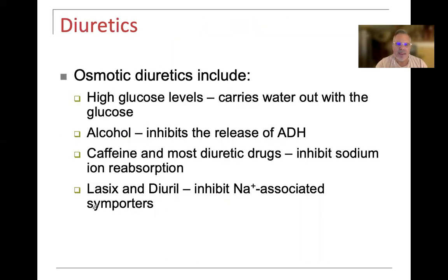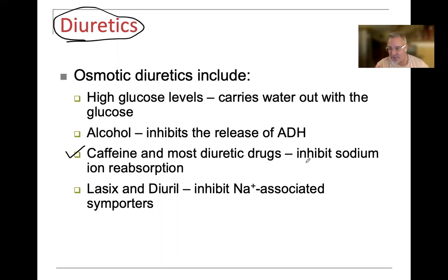Now we can compare. This is really important since we're talking about urination and the urinary bladder. Certain diuretics: we know that caffeine is a diuretic. Many people drink caffeinated coffee, and it increases urination, because it inhibits sodium ion reabsorption.